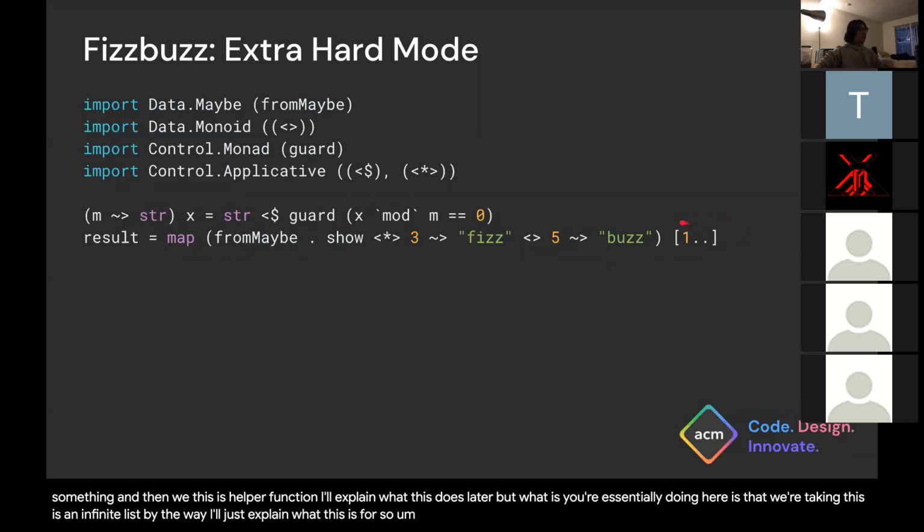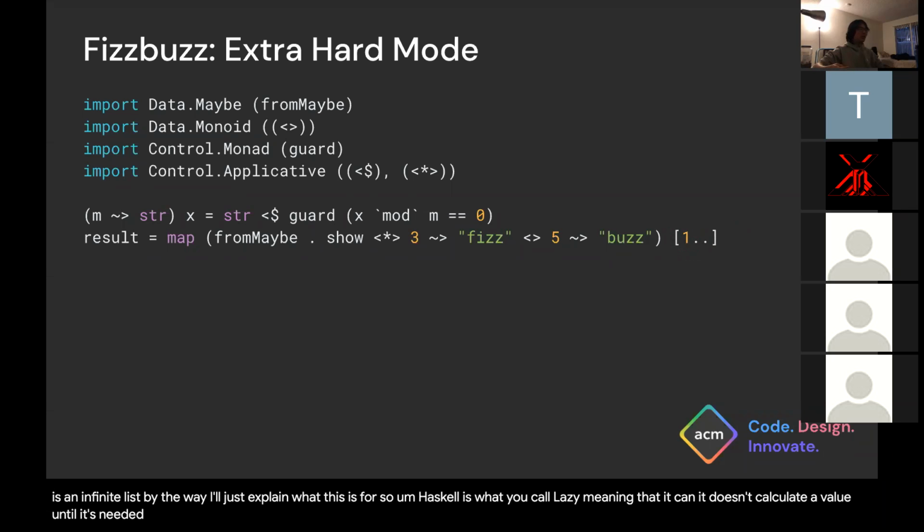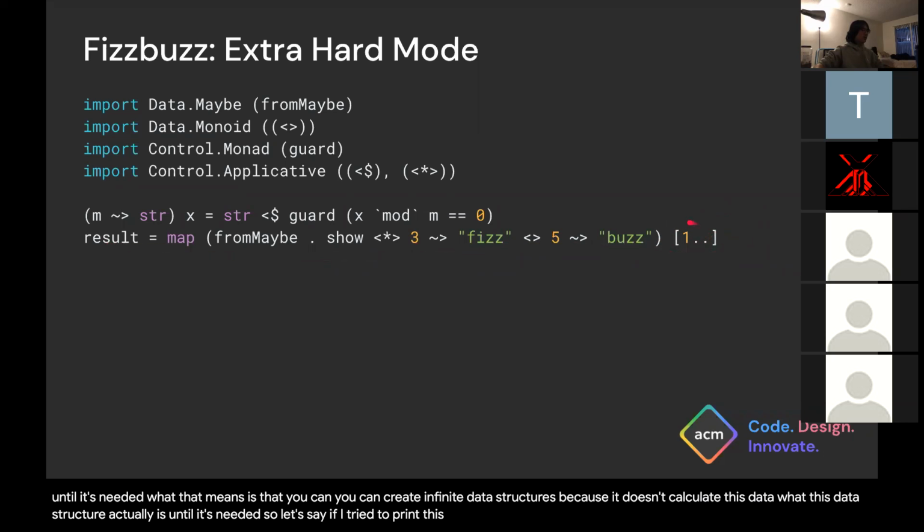Haskell is what you call lazy, meaning that it doesn't calculate a value until it's needed. What that means is that you can create infinite data structures, because it doesn't calculate what the data structure actually is until it's needed. If I tried to print this, it would go on infinitely because it would just keep printing.